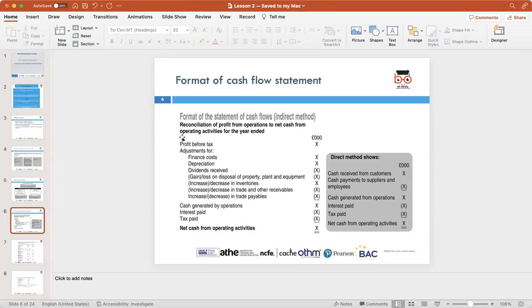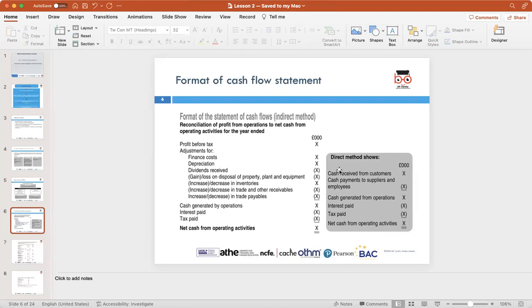If you can see the format here, it is the reconciliation of profit from operations to net cash from operating activities for the year ended. Profit before tax, adjustments for finance cost, depreciation, dividend received, loss or profit on disposal of property, plant and equipment, increase or decrease in inventories, increase or decrease in trade and other receivables, decrease in trade payables, cash generated by operations, interest paid, tax paid, so net cash from operating activities.